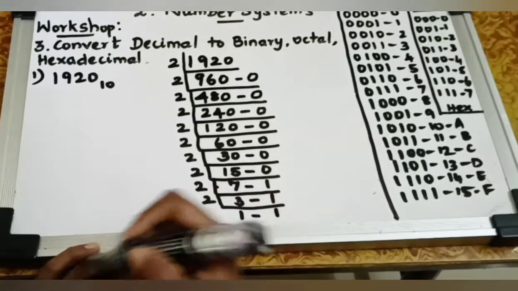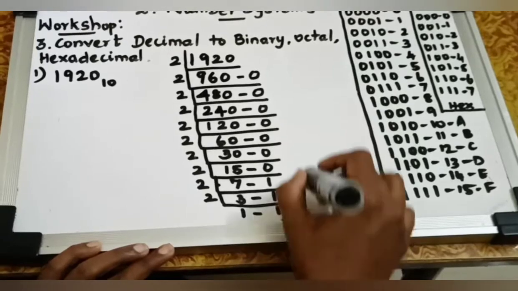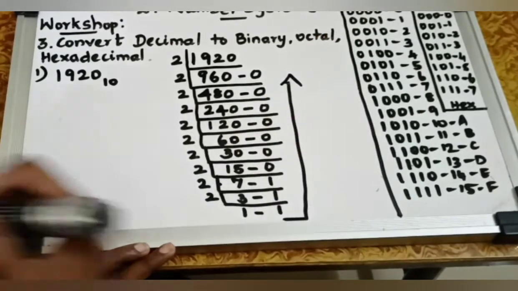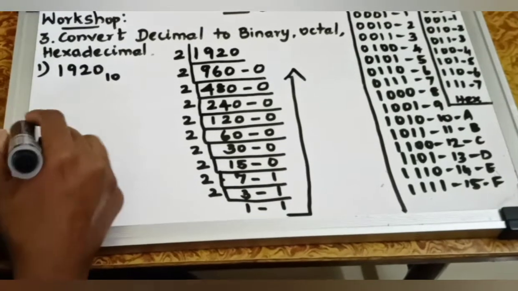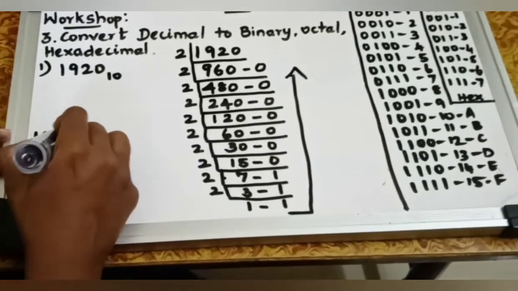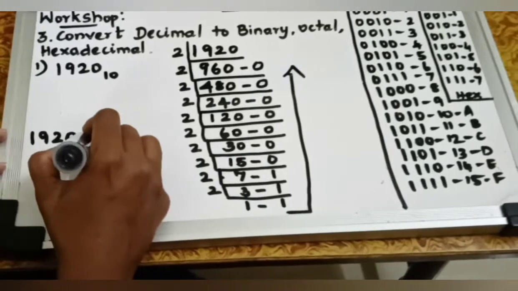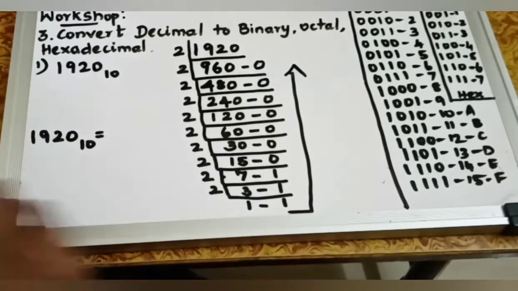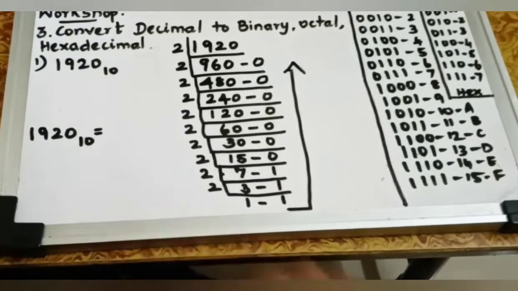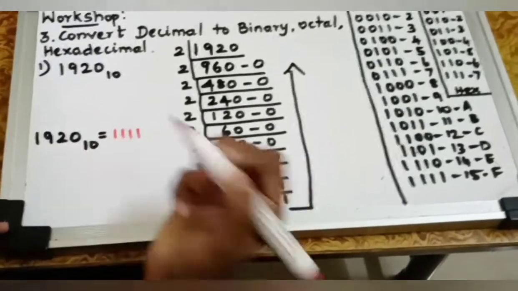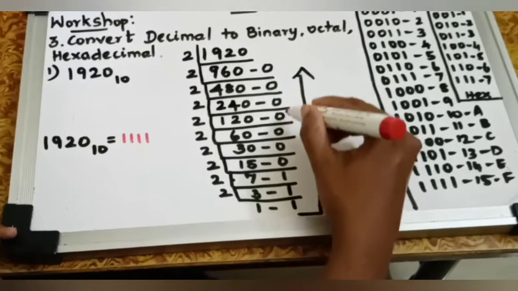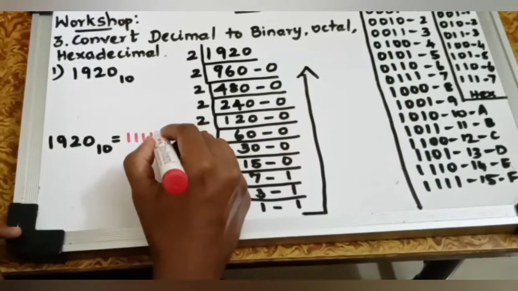So how do we write this? Bottom to top. To write this number, bottom to top. So what is the answer? 1920 base 10 is equal to the binary value. How many ones are here? 1 2 3 4, 4 ones, and 1 2 3 4 5 6 7, 7 zeros.